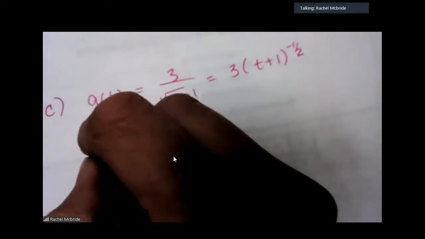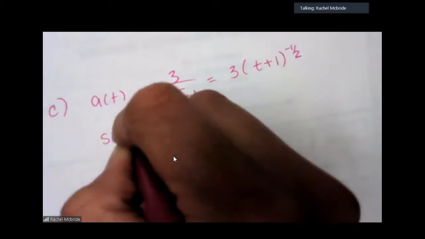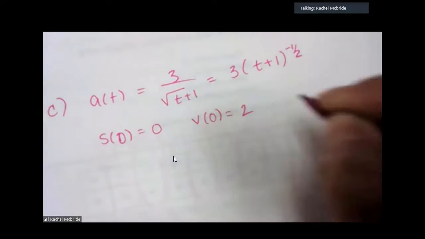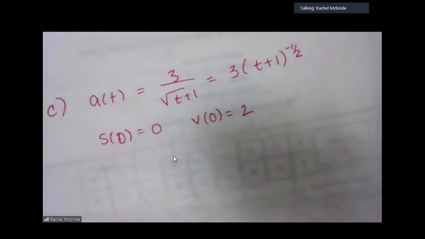At time t equals 0, the initial height of the rocket is 0. And this is where we goofed up, because you treated S of 0 equals 0 like the initial condition of velocity, but they told you the velocity at 0 was 2.